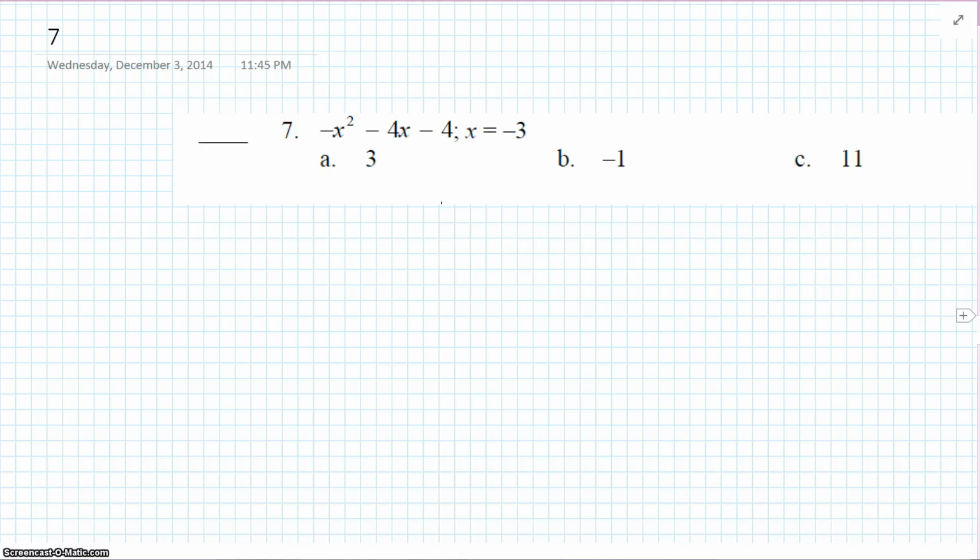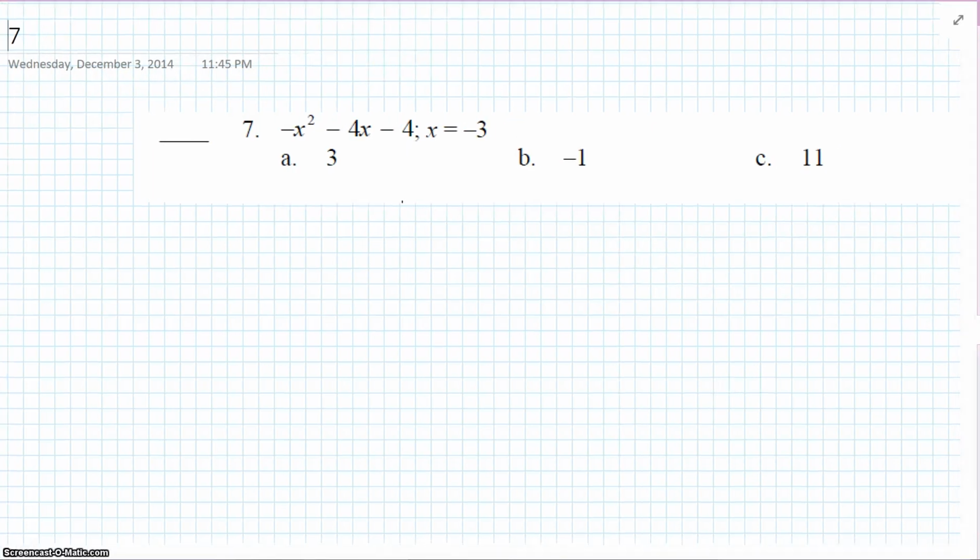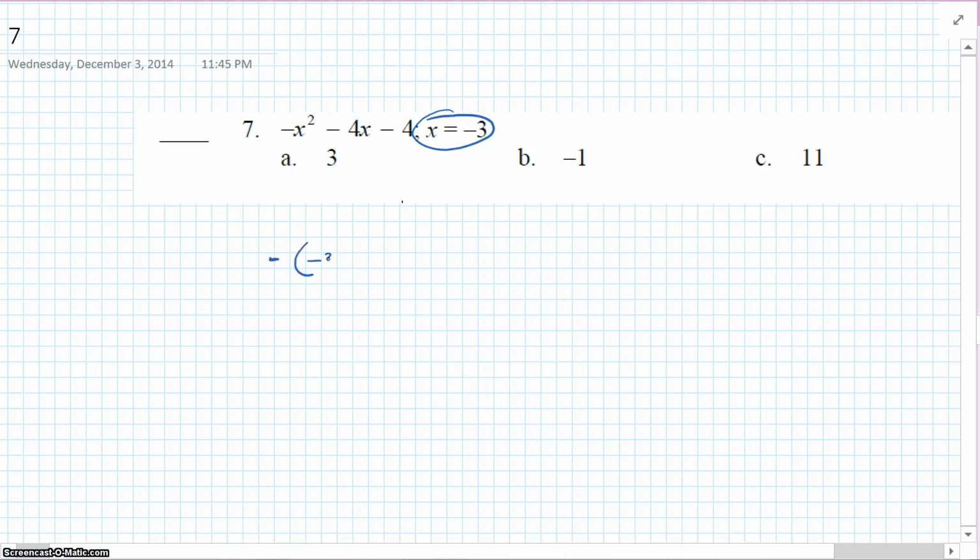Number 7. Again, just got to plug in our value of x equals negative 3. So negative, in parentheses, negative 3 squared minus 4 times negative 3 minus 4. So what's negative 3 squared? Negative 3 times negative 3 is 9.